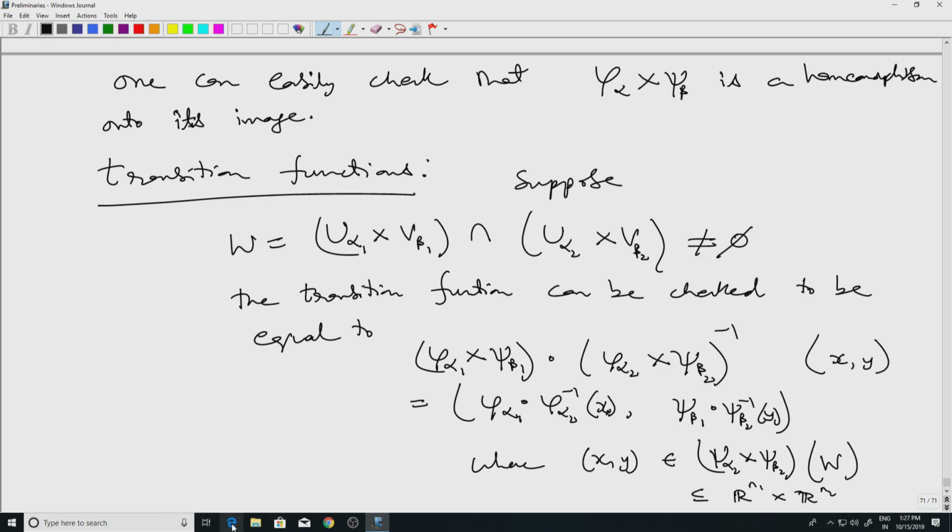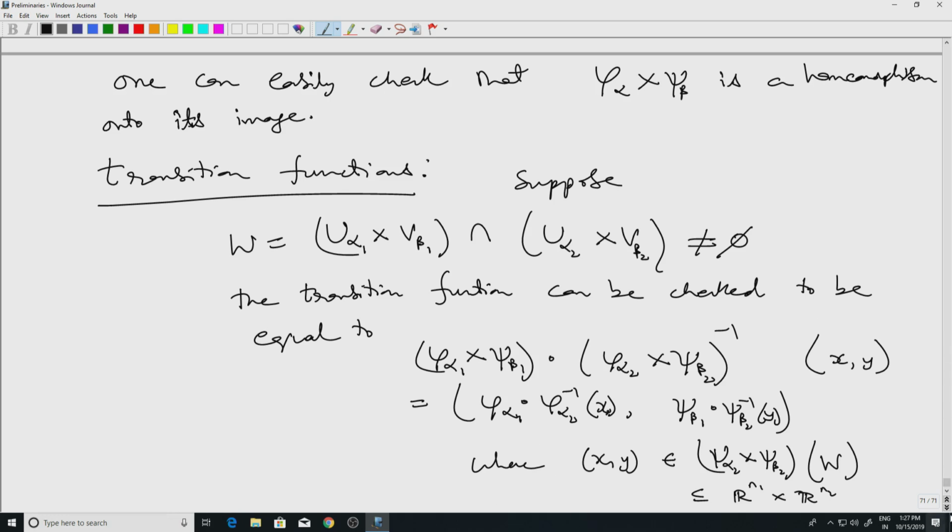The point is that the way these charts and chart maps were defined, it's quite easy to see that the transition functions are smooth because they get decoupled like this. The x part gets separated here, and the y part gets separated here, and each map individually is smooth.